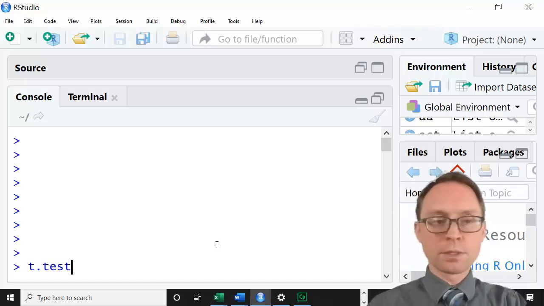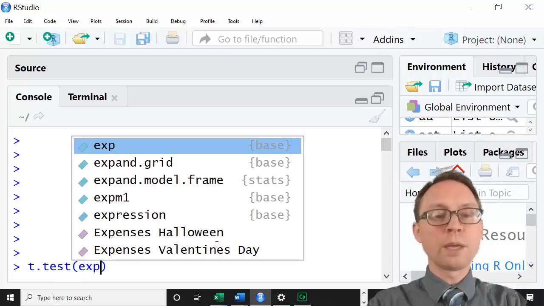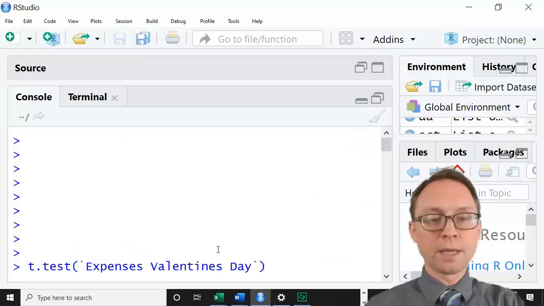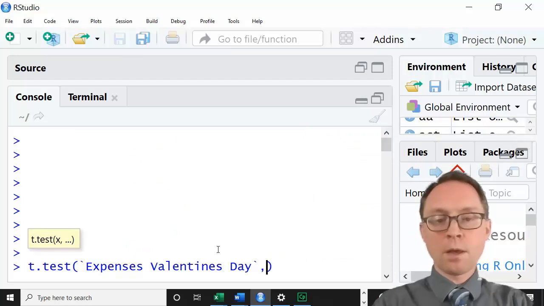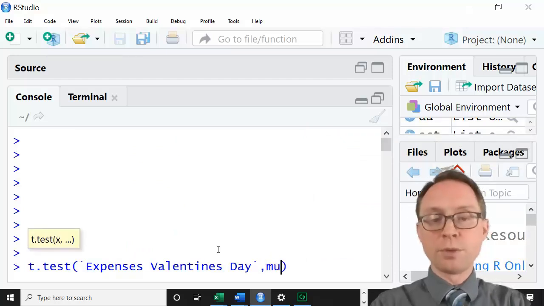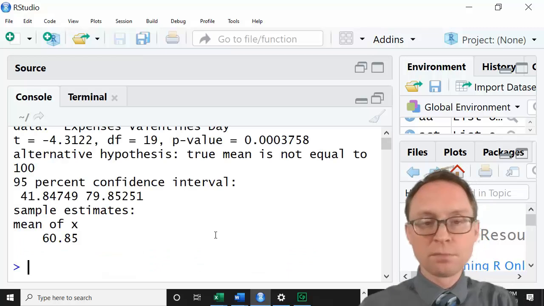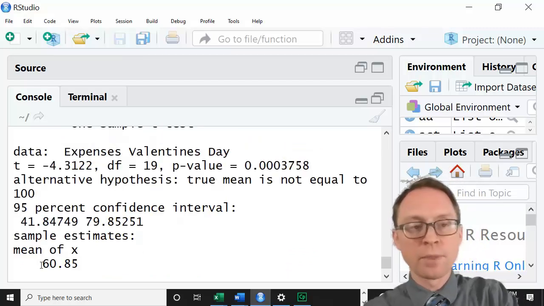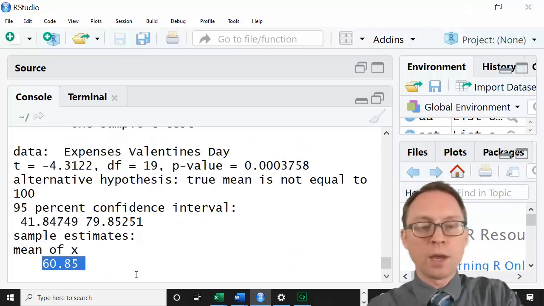It is t.test of expense on Valentine's Day, comma, and this is what I want to compare it to, mu equals 100. And that's all. That's all you need. So the mean amount that we got in our group is $60.85.